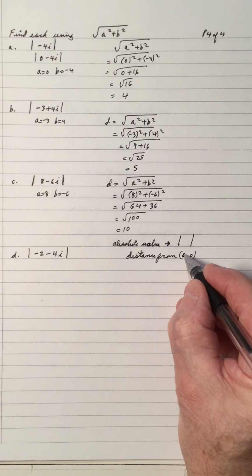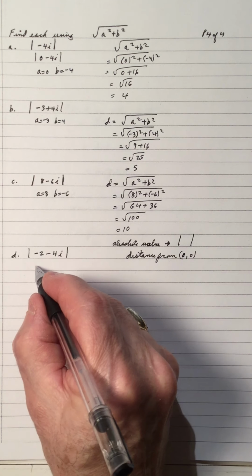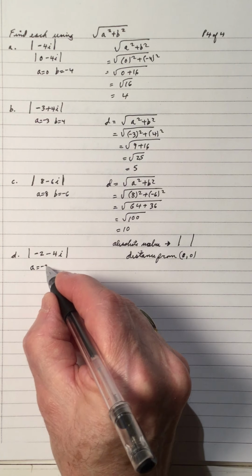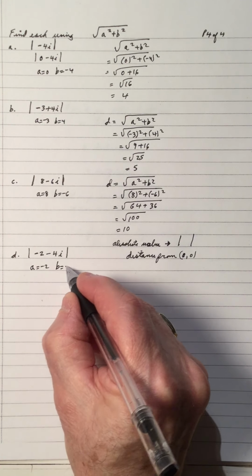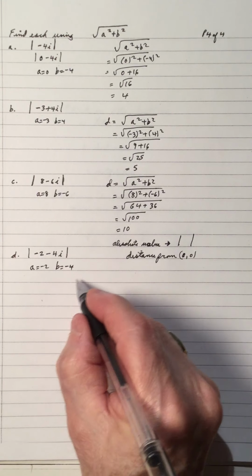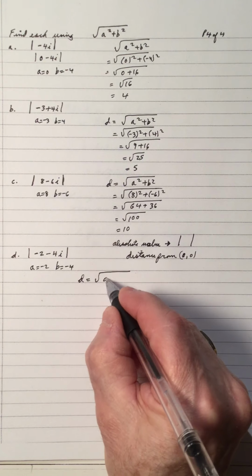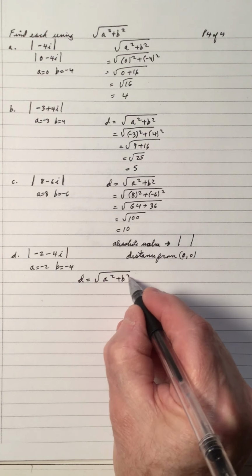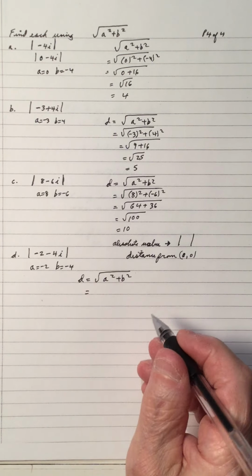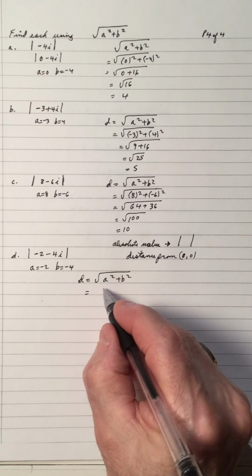So to do that, we say a is negative 2, b is negative 4, and we don't use the i. The distance is the square root of a squared plus b squared. The distance, we do not use the i.